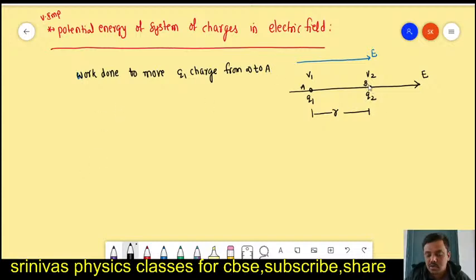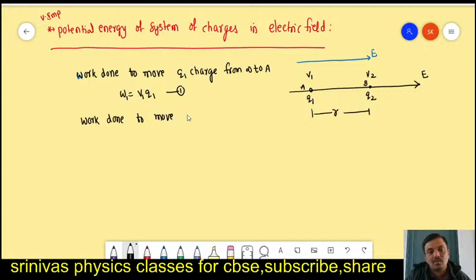Previously Q2 is not there. We are just bringing Q1 here. The work done is potential V1 into Q1. The work done equals potential into charge. This is equation 1.